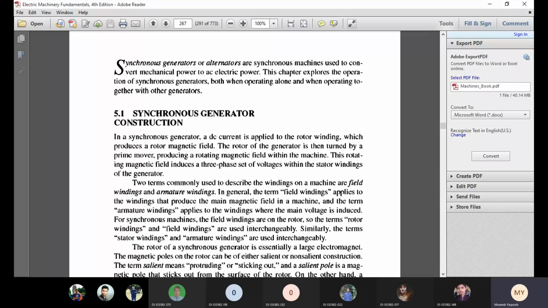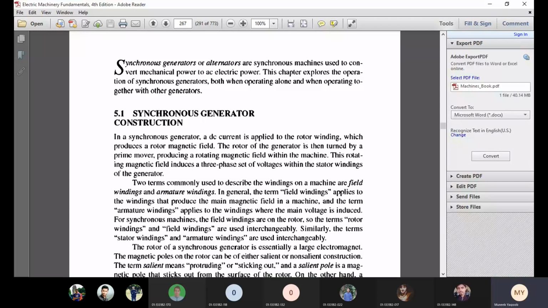Now coming to the starting principle of synchronous generators. Whenever I start a chapter regarding any specific motor or generator, I should always tell you how this machine will start. What is the starting principle of this machine? You should listen very carefully to the starting principle, because these starting principles are different from each other.